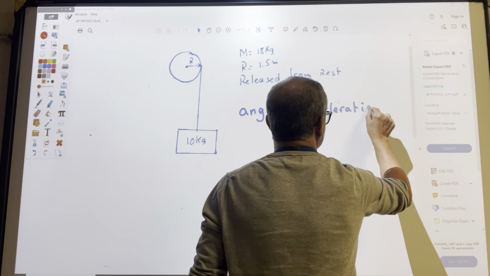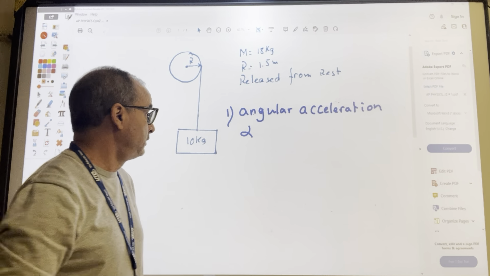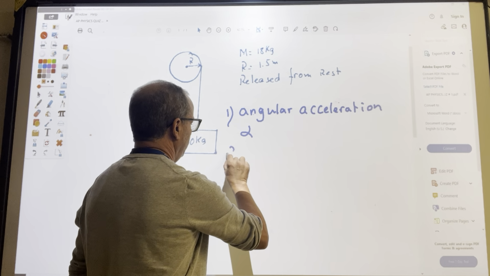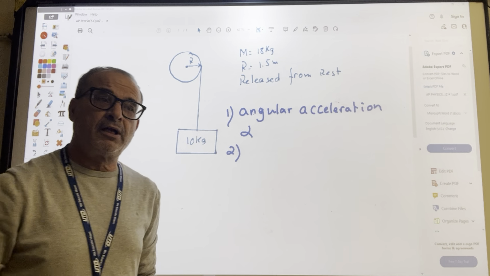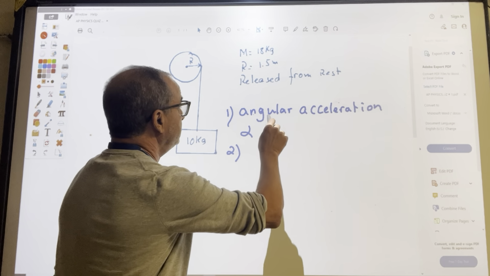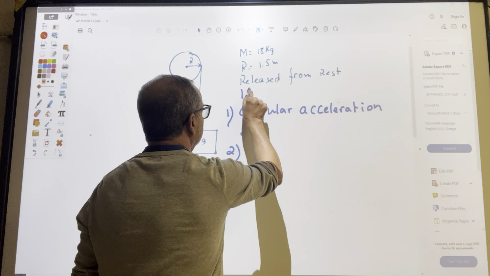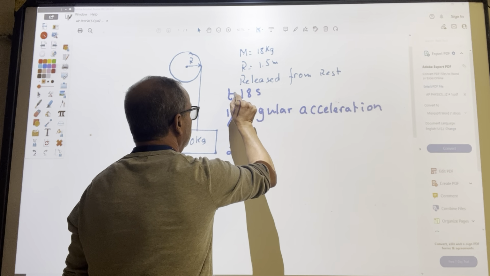That's the letter that we use for angular acceleration. And also, we need to find the velocity after 18 seconds. I forgot to put that in.